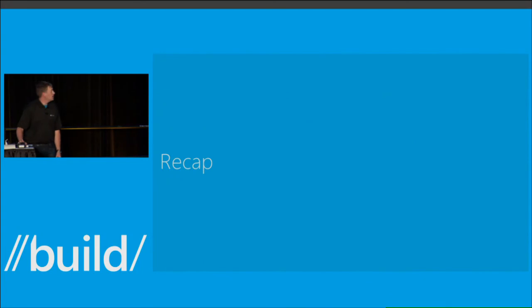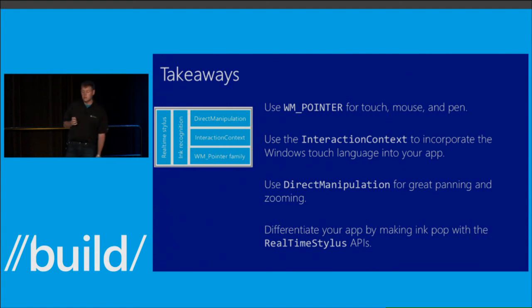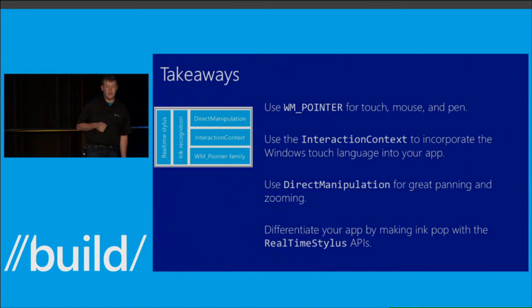All right, we've talked about a lot of things today, so let's do a quick recap. We talked about how you could use WM Pointer to move your app forward so that you can make an experience that just works with touch, mouse, and pen. We talked about how you could use the interaction context to incorporate the Windows touch language into your app and make your app feel more natural and intuitive.